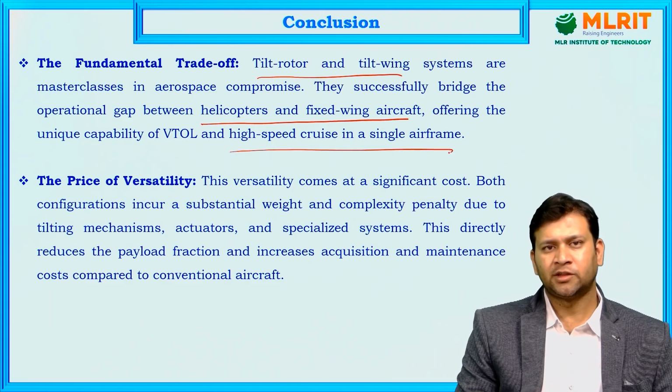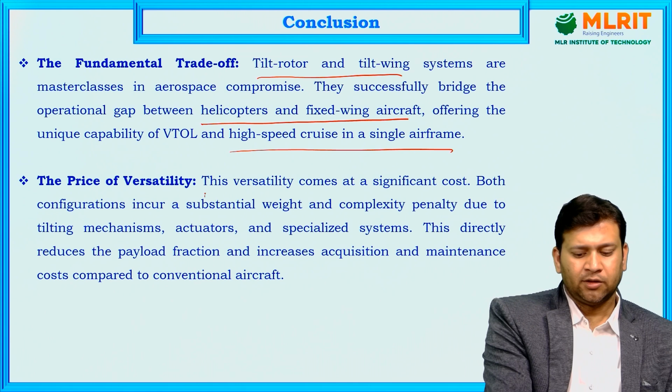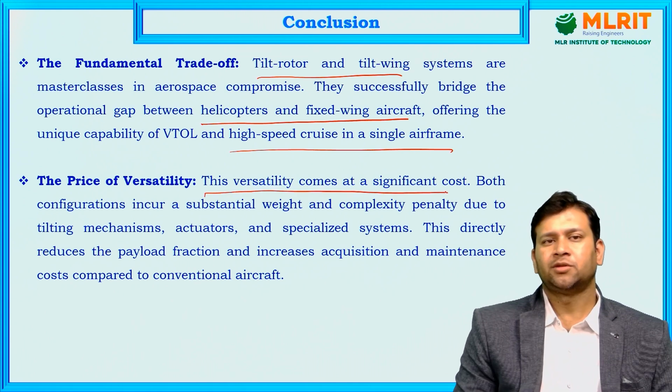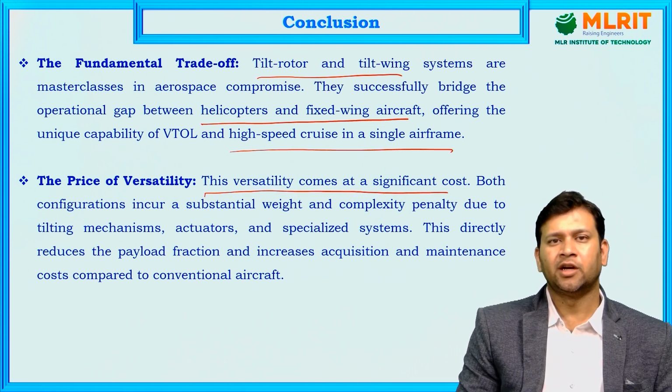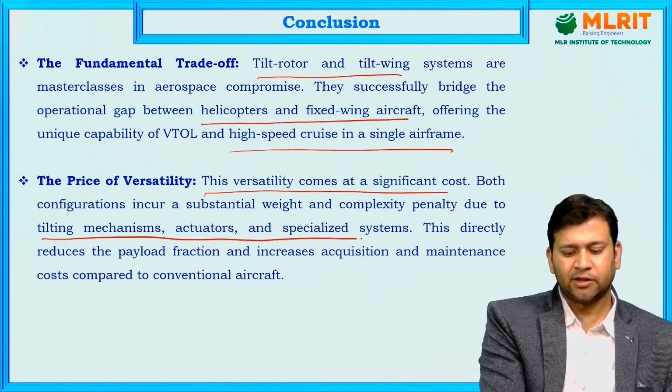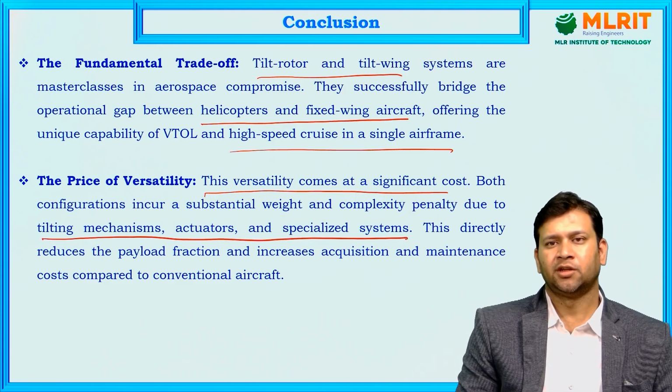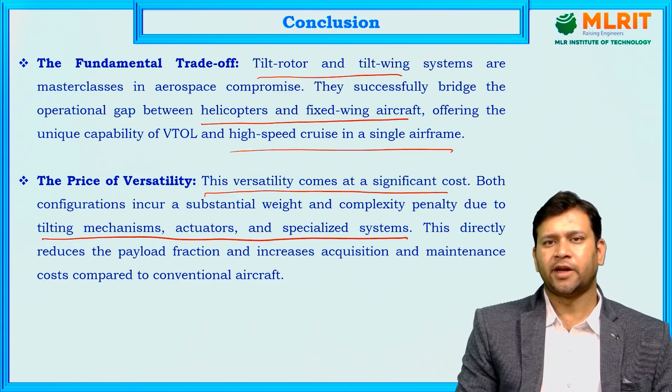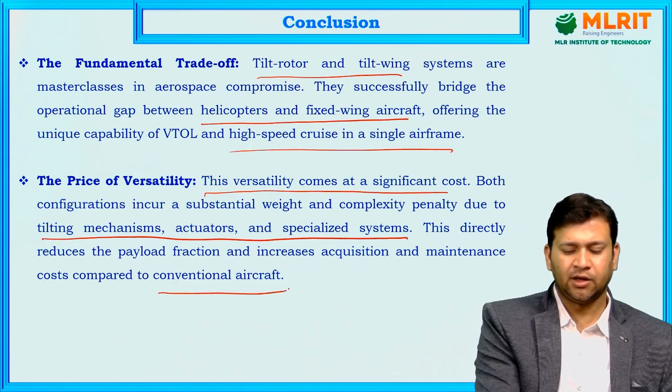The price of versatility: this comes at a significant cost. Both configurations incur a substantial weight and complexity penalty due to the tilting mechanisms, actuators, and specialized systems. This directly reduces the payload fraction and increases acquisition and maintenance cost compared to conventional aircraft.